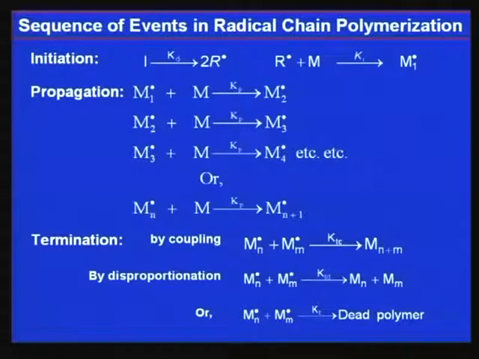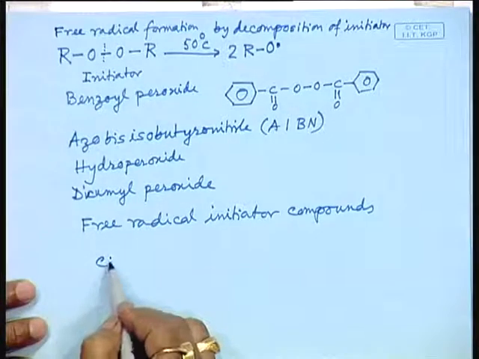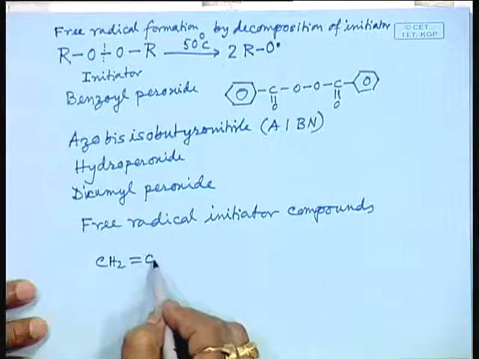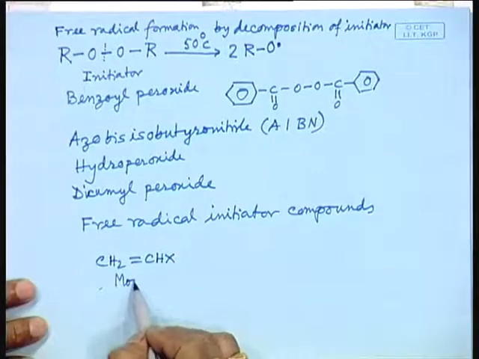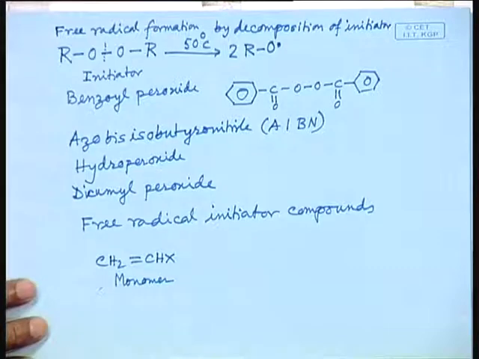So, once this initiator decomposes, homolytic decomposition of that initiator forms R free radical, that R free radical will add on to a monomer designated by M. That monomer may be ethylene monomer, may be methyl acrylate monomer, may be methyl methacrylate monomer, may be vinyl chloride monomer, may be an acrylic acid monomer, like that, where you will have a double bond like this. This is a monomer. So, it forms a monomer radical.